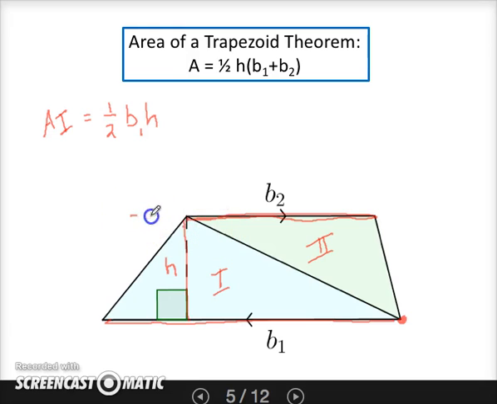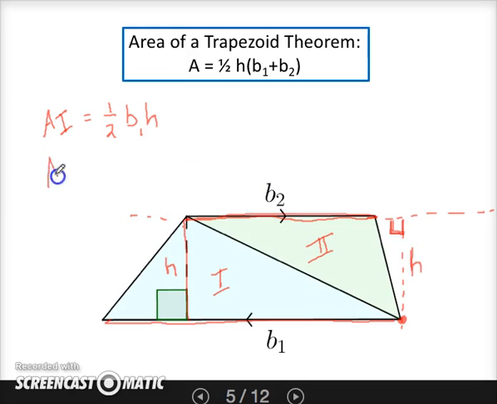We have to extend the base, the line that the base is on, and then we have to draw a perpendicular line going from the opposite vertex to that base. Look at that. So this height of triangle 2 ends up being the same as the height of triangle 1, because with these two lines being parallel, this shape here ends up being a rectangle. And so this we can also label H.